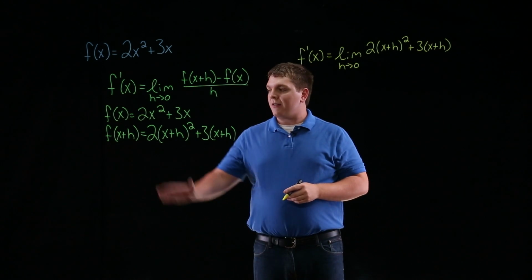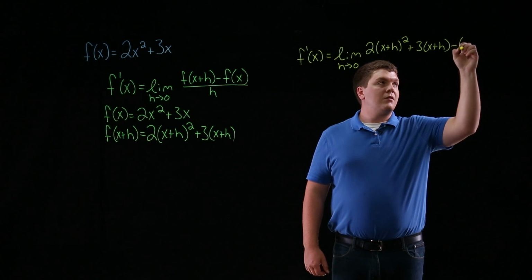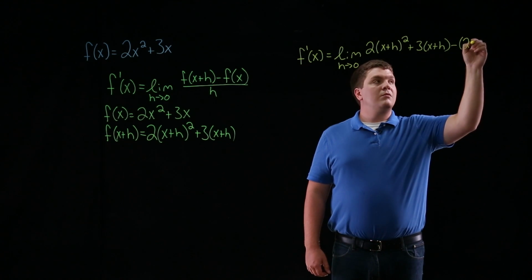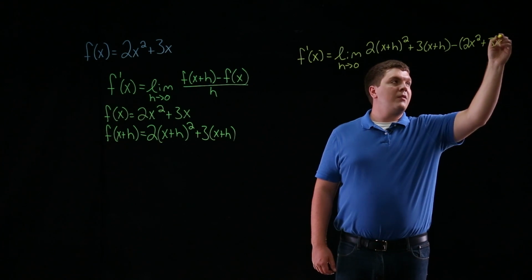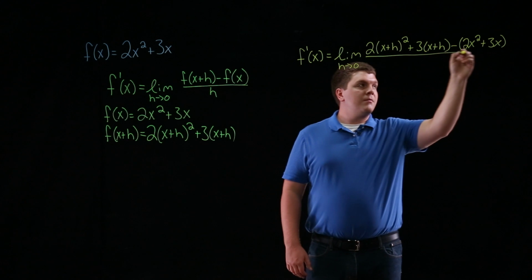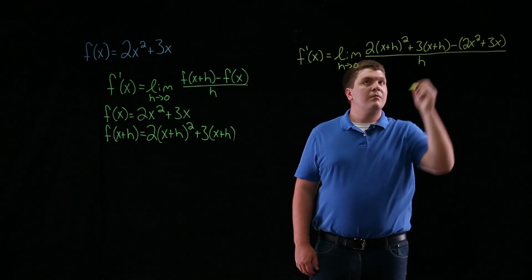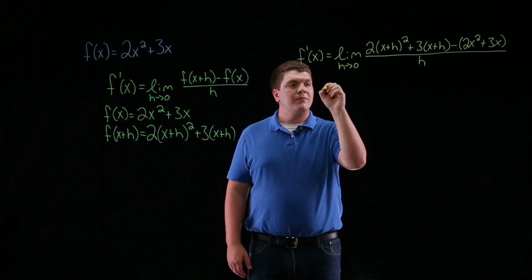And we're going to subtract f of x, so we're going to subtract 2x squared plus 3x. And then we're going to divide this whole thing by h. So let's go ahead and simplify this.